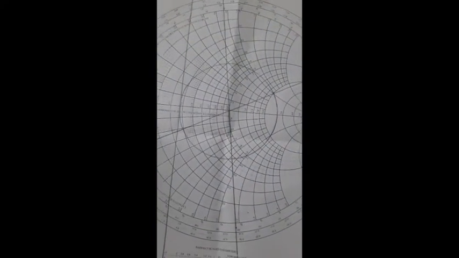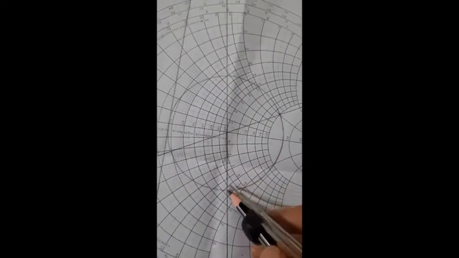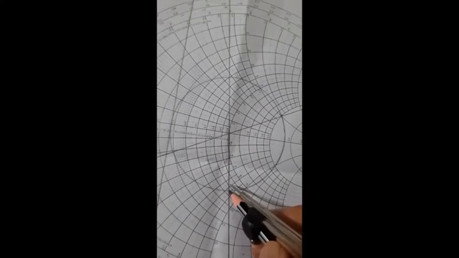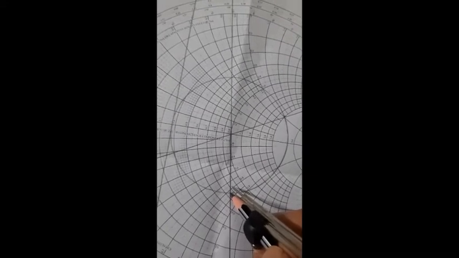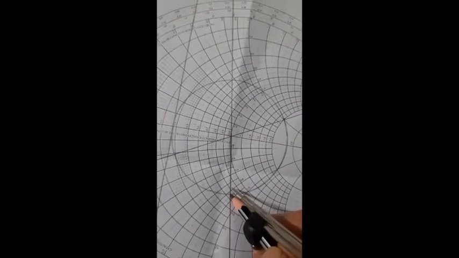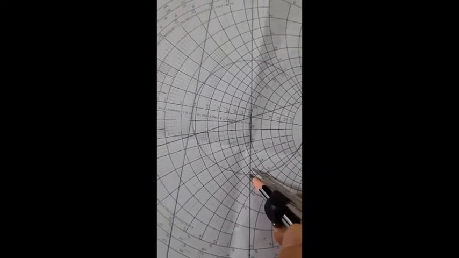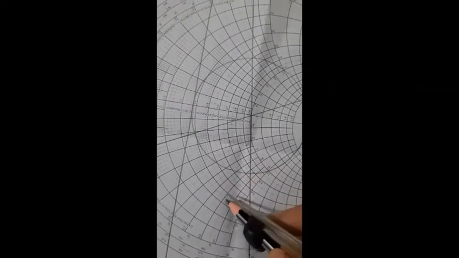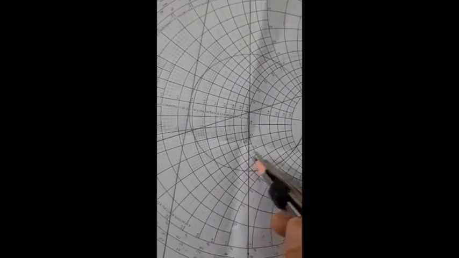Now I have drawn the straight line and now we need to find this point. So I can say 0.75, and the j value is around 0.83.